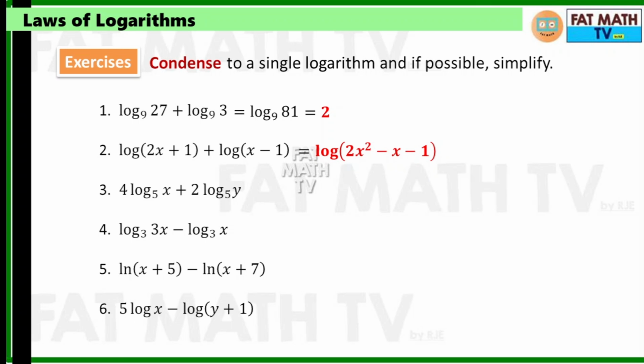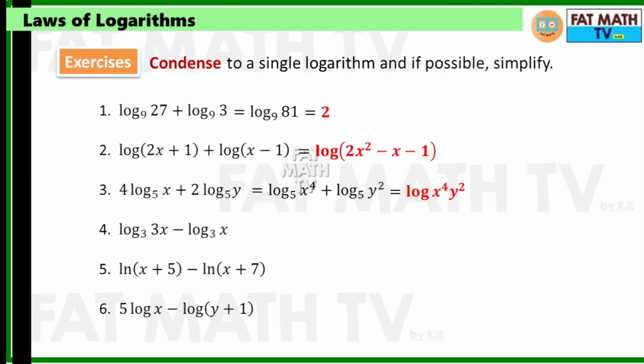Number 3, we can write the first term, 4 logarithm of x to the base 5, as logarithm of x raised to 4 to the base 5, while the second term, 2 logarithm of y to the base 5, can be written as logarithm of y squared to the base 5. And since this is the sum of logarithms, we can write this as the logarithm of the product of x raised to 4 and y squared.